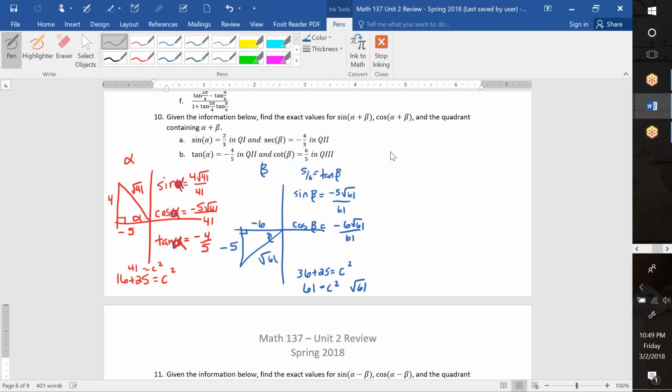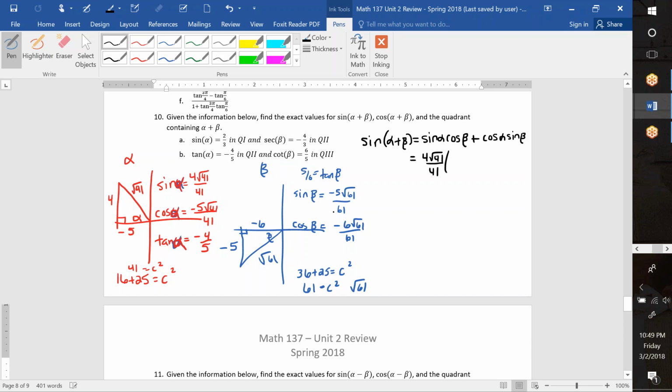Now we're going to use the formulas. So remember, sine of alpha plus beta is sine of alpha with cosine of beta, and they're agreeable, so plus cosine alpha sine of beta. And we're going to go ahead and plug this in. So sine of alpha was 4 square root of 41 over 41.